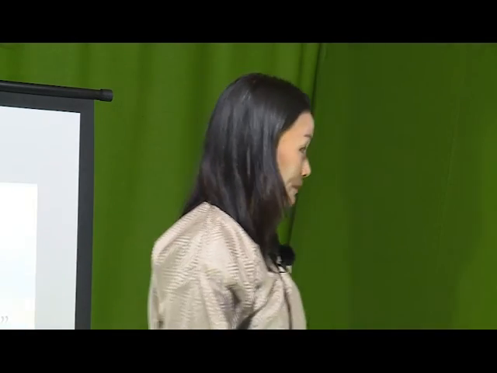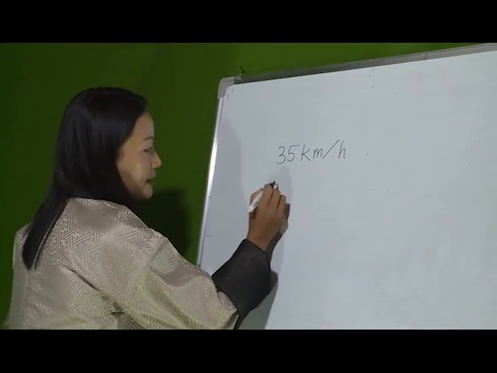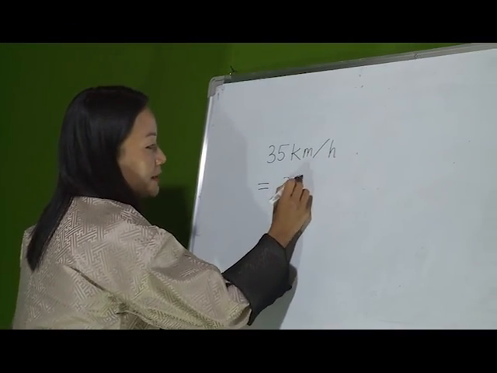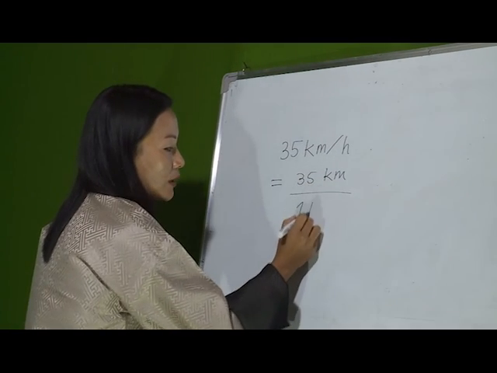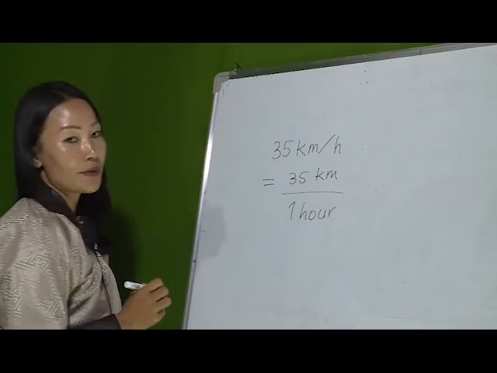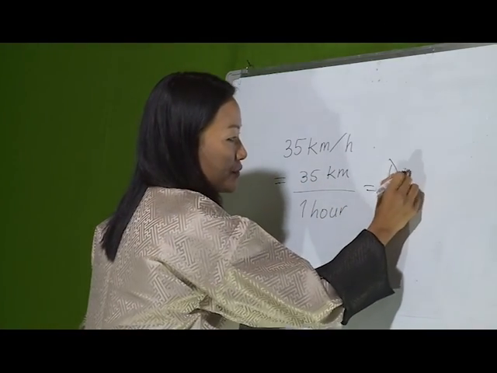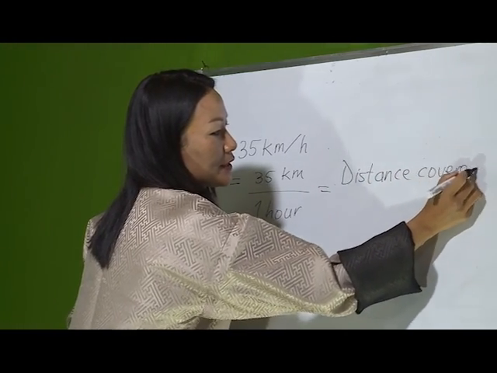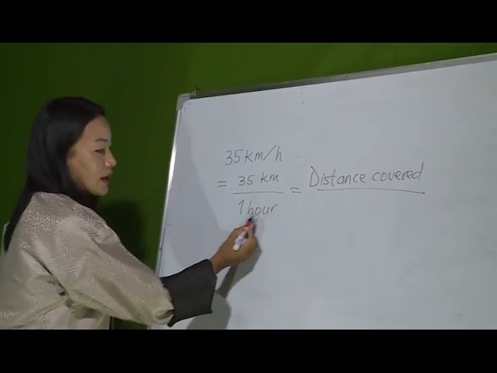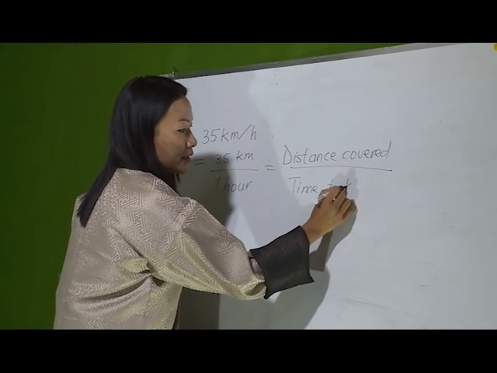So what does this 35 km per hour mean? If you break this down, fragment it, then this can be read as 35 km divided by 1 hour. And we know that 35 km is actually the measurement of distance covered, and 1 hour is the measurement of time taken.